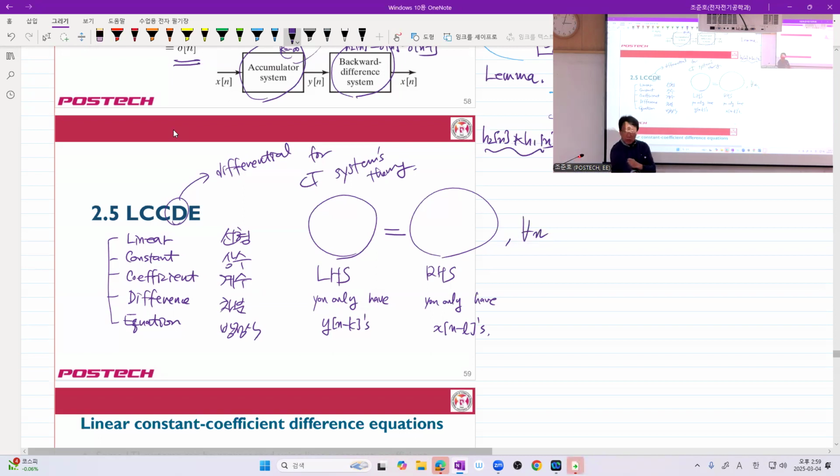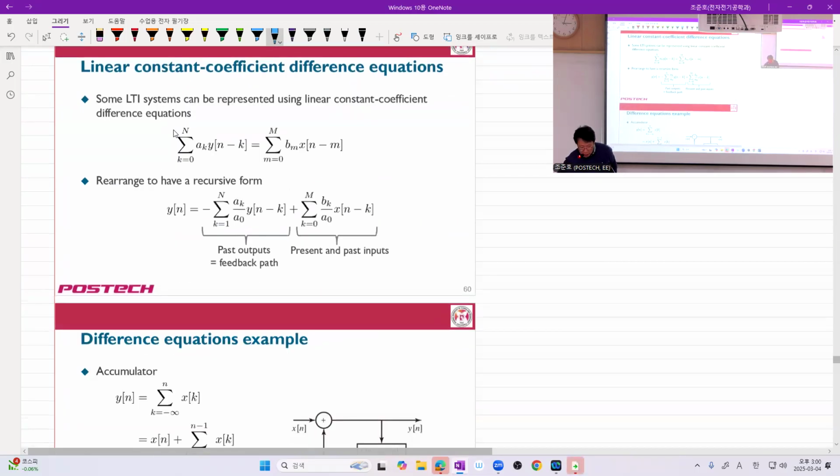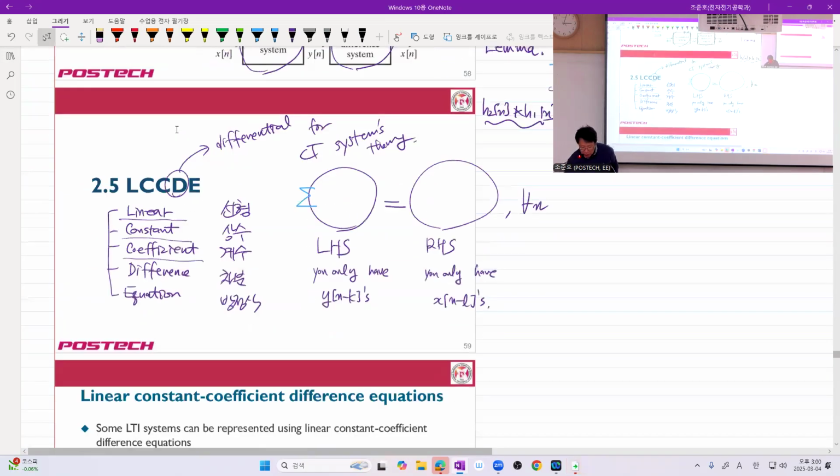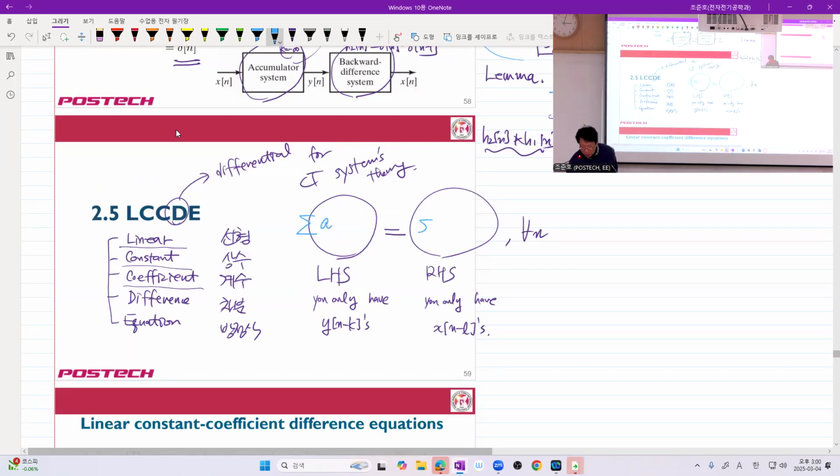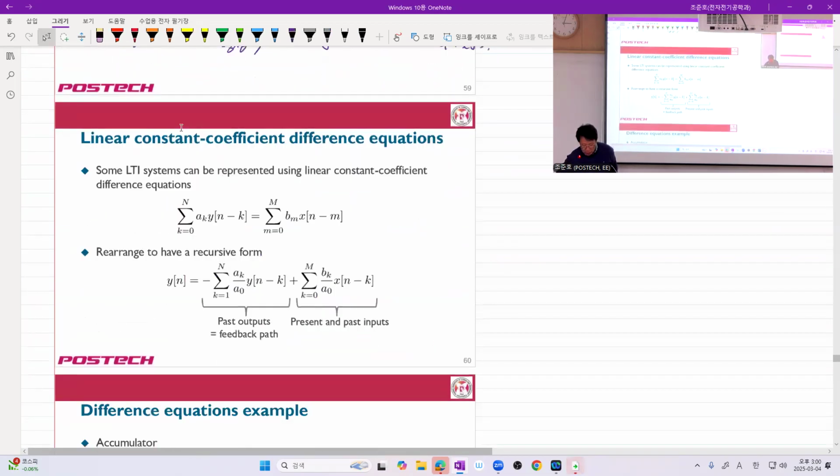In addition to this one, you have what? Linearity and constancy of coefficients. So here goes something like this. I believe the left-hand side has a and the right-hand side has b, with indices k and m.